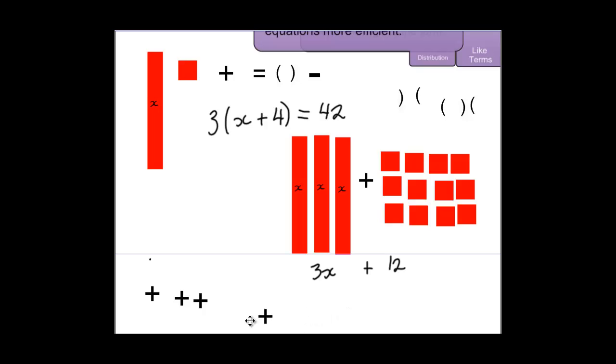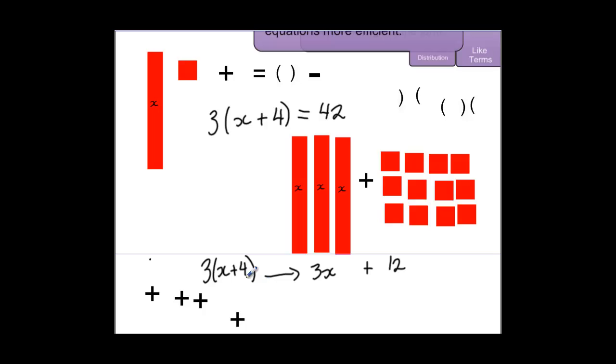Now I'm wondering if we can look at how we go from 3 bracket x plus 4 to 3x plus 12. I wonder if you can see it mathematically. You think you have it?